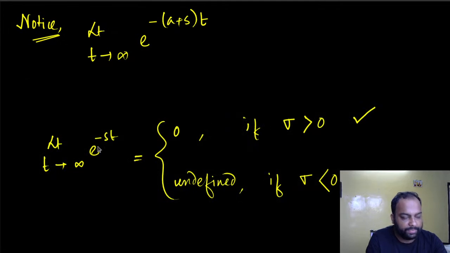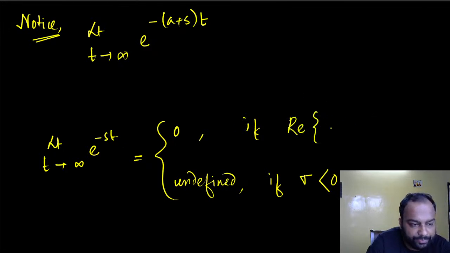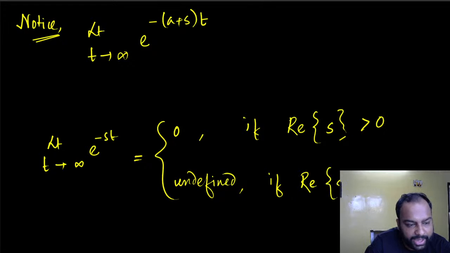Look very carefully. We previously discovered that when t tends to infinity, e to the power minus st will have a value of 0 if sigma is greater than 0. So what is sigma? The real part of s is greater than 0, and it will be undefined if the real part of s was less than 0.